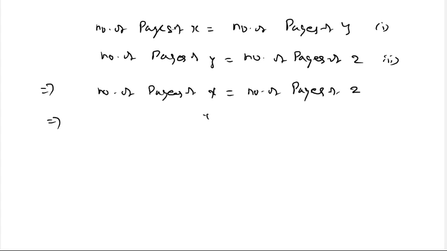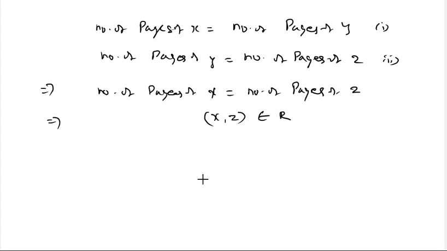So this concludes that (x, z) is also an element of the relation R.